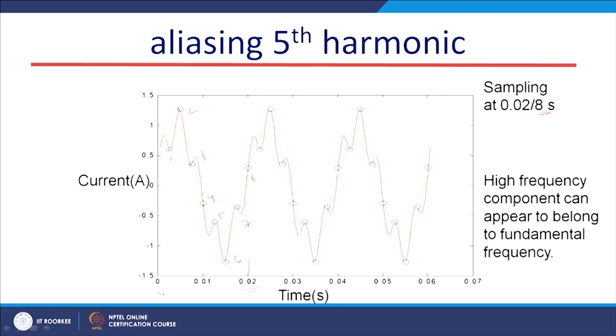So, within 1 cycle we have 8 samples. In that case, this fifth harmonic component of the signal will behave just like the fundamental frequency component. So, the aliasing effect is severe here, and we have to remove this.